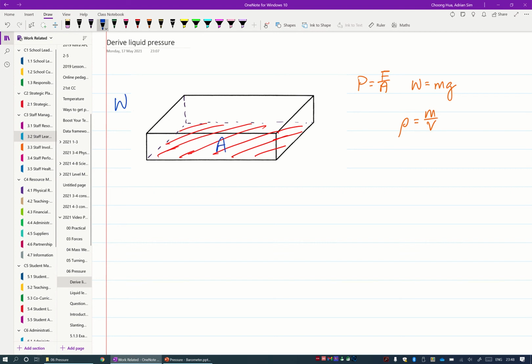So the weight of the box and the area. So from here, in order to calculate the pressure that the box exerts on the area on which it's lying on, you get pressure equals weight over area.